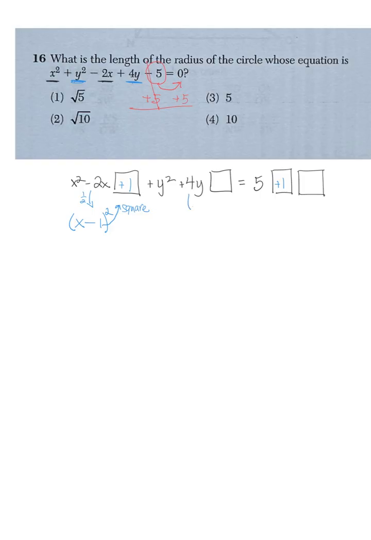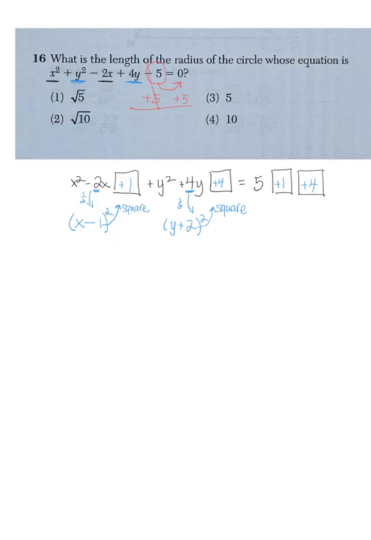I'm going to start by taking half of just the regular y term, just like I took half of the regular x term. So that is going to give me y plus 2, because half of 4 is 2. And again, I square. Then I'm going to square that positive 2. So 2 squared gives me positive 4. And then what I do on the left, I do on the right.